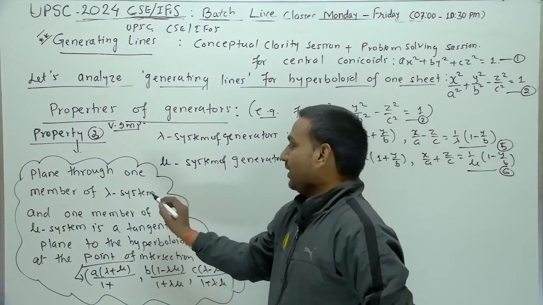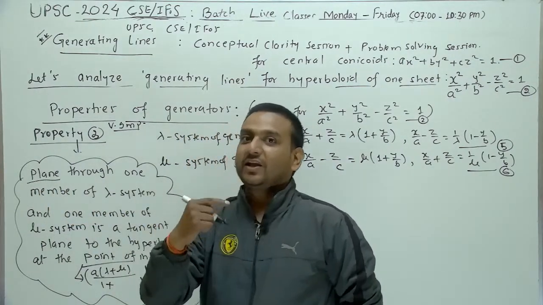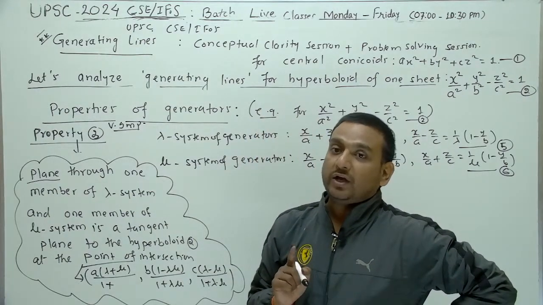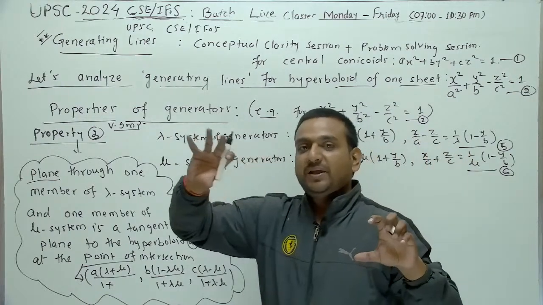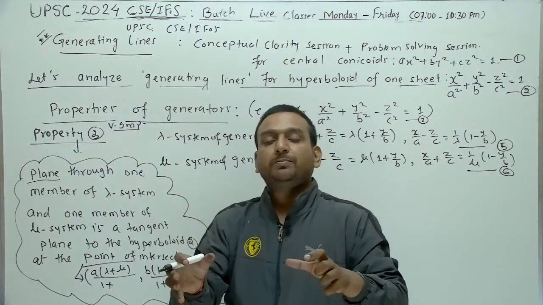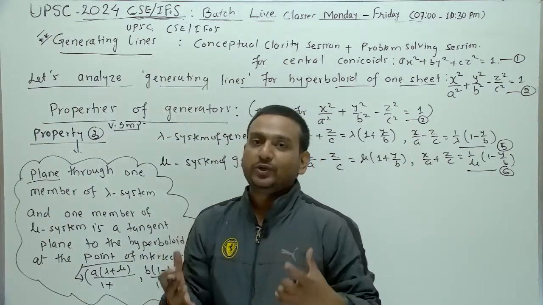देखिए ध्यान से, plane, if you correctly recall, I have told you in the chapter 1 if you have one plane as let's say P1, other plane as capital P2, then a plane through P1 and P2 is written by P1 plus some lambda into P2 equals 0.